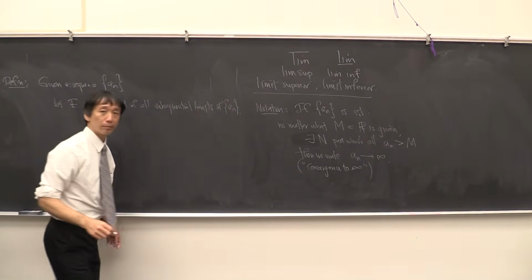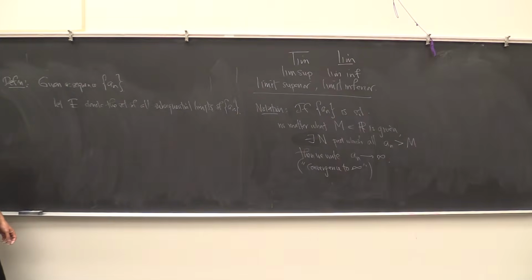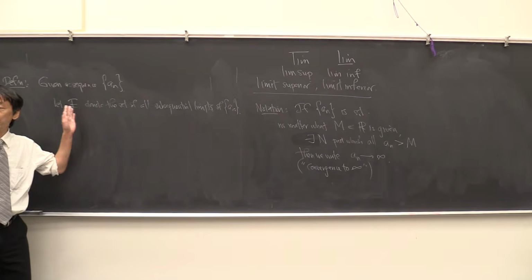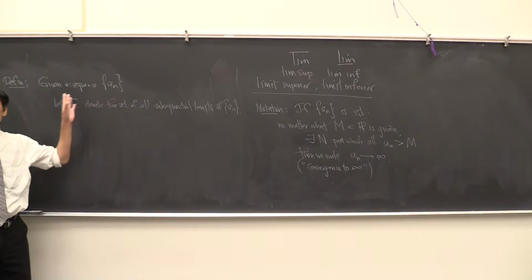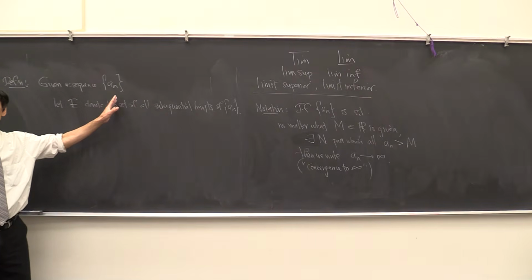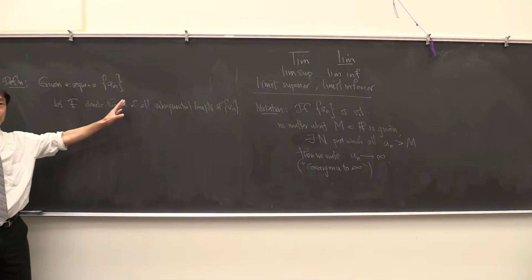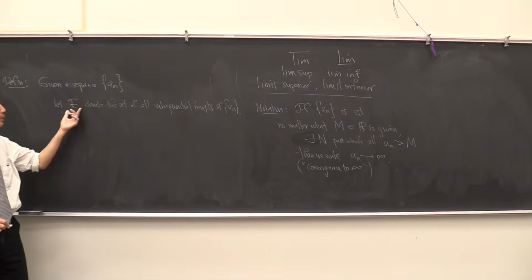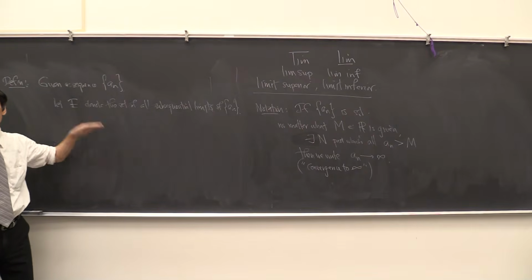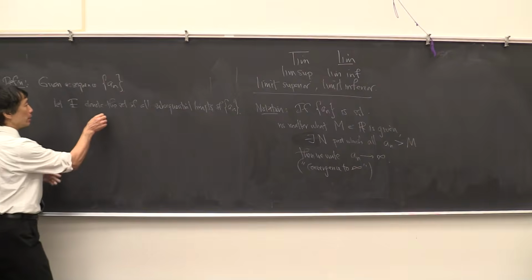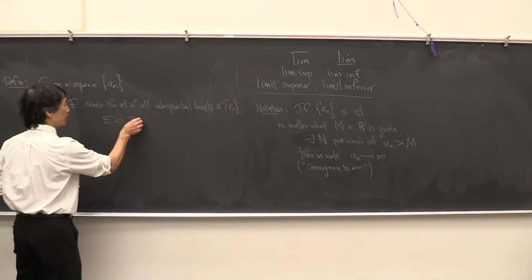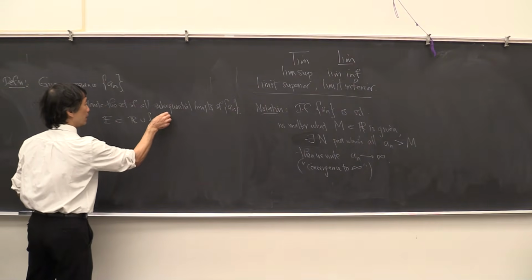So you take that sequence and you look at all the subsequences, and you ask what are the limits of those subsequences? You put those in a set. That set is E. Some of those may be infinite. You may have subsequences converging to infinity, negative infinity, whatever. So this E sits inside the extended real numbers.